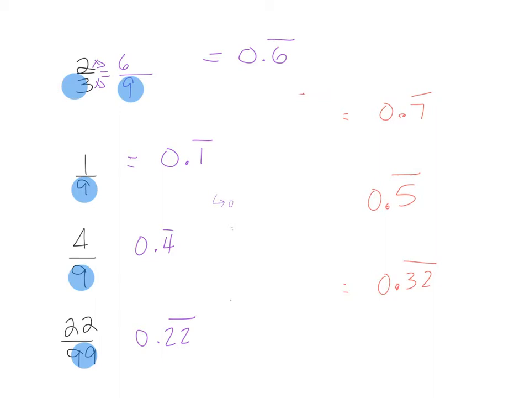So, now that I have investigated and I have made a claim, how would I write that so that from now on I don't have to do my long division and I just know?